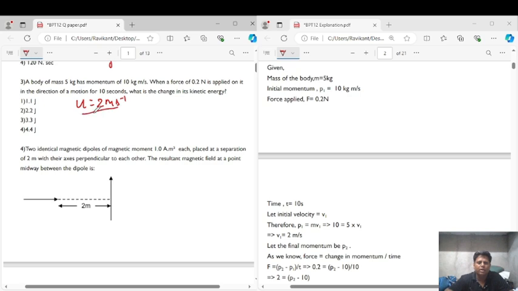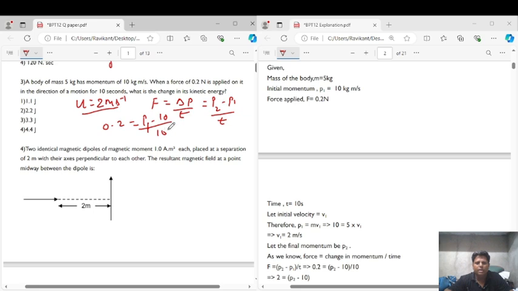Alright. So from here we'll get the initial kinetic energy. Now force is applied as 0.2 Newton for 10 seconds. So we know that force is equals to change in momentum upon time. So this is equals to P2 minus P1 upon t. So F is being given to us as 0.2, and this is equals to P final minus P initial, which is 10, upon 10, right?